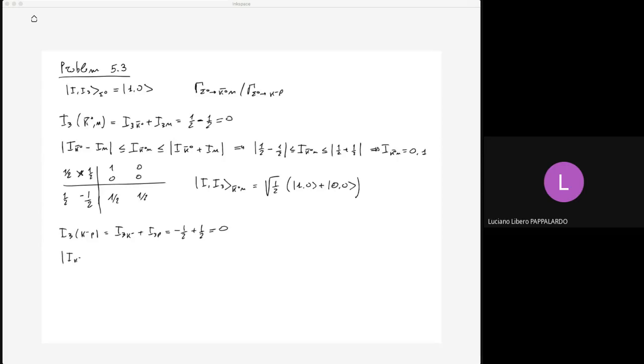Total isospin: this is 1/2 minus 1/2, 1/2 plus 1/2. And so we have again two values, that is K minus P equal to 0 and 1.